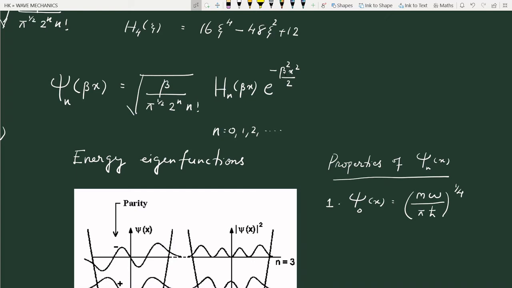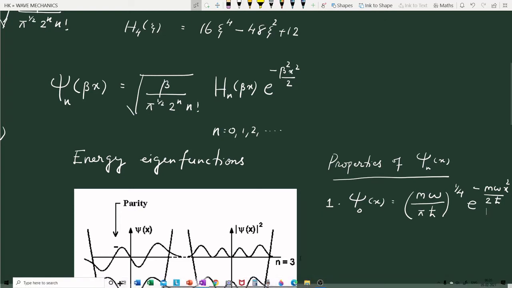Beta is the square root of m omega by h cross, so beta square is m omega by h cross. Since the Hermite polynomial is 1, we have the exponential term e raised to minus m omega x square by 2 h cross. M omega by h cross comes from beta square and then x square by 2. So this is the ground state wave function.